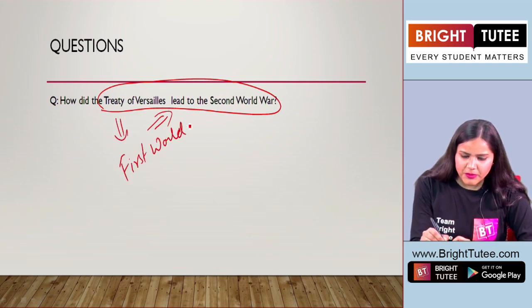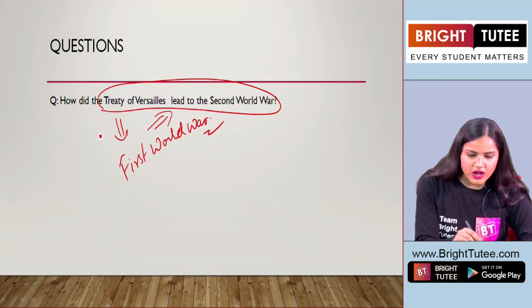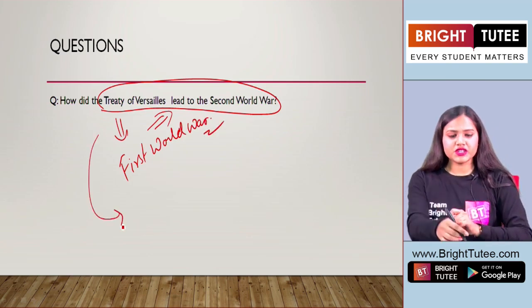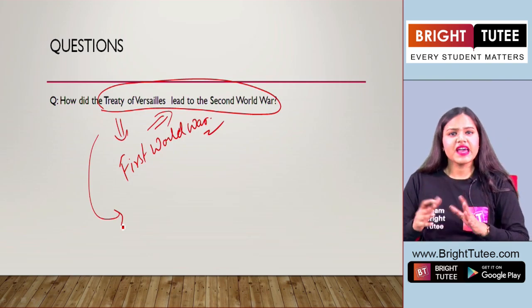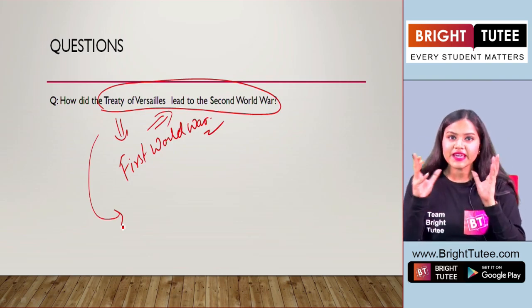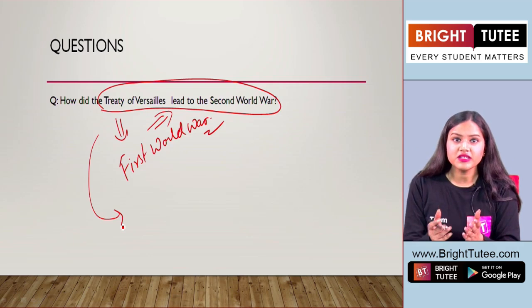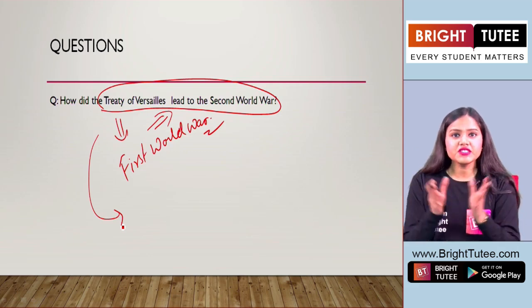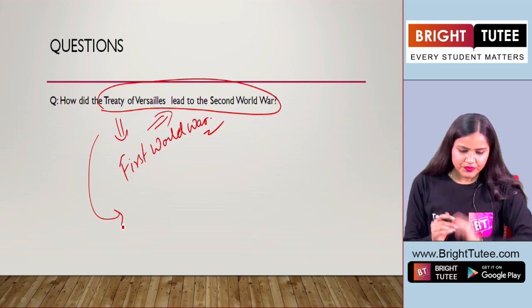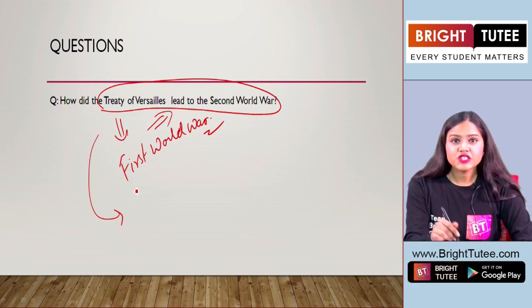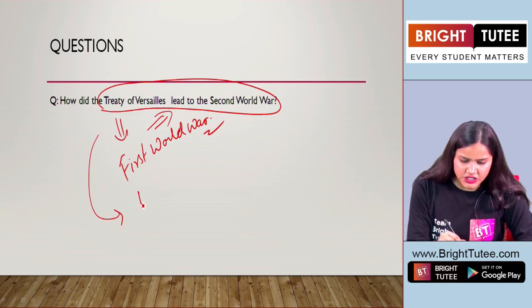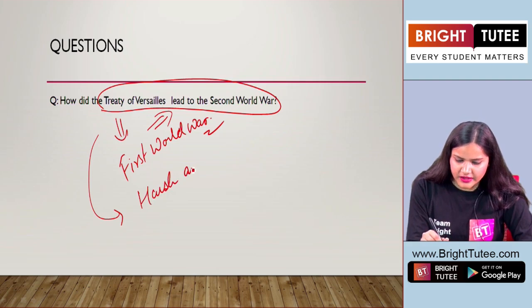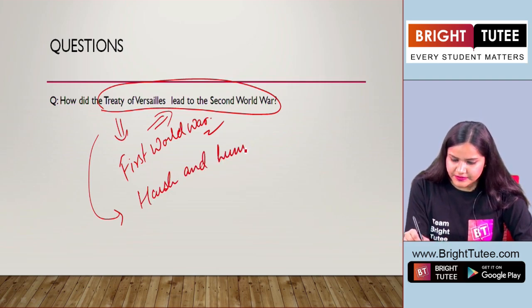Now do you remember all the clauses in this Treaty of Versailles? Yes. Now let us have a brief recap about what these clauses were that were signed between these two groups. Okay. So we saw that this treaty was quite harsh and humiliating for Germany.